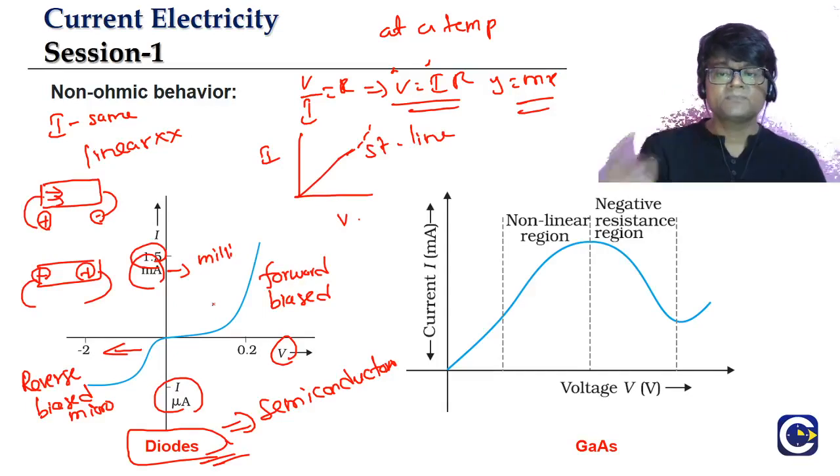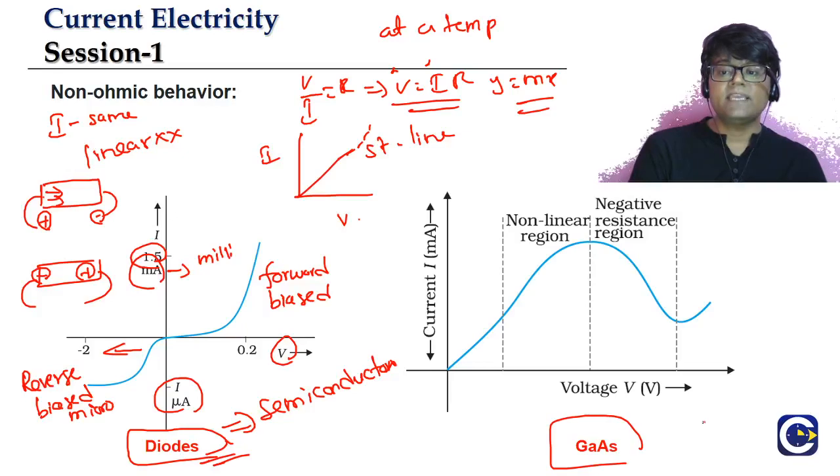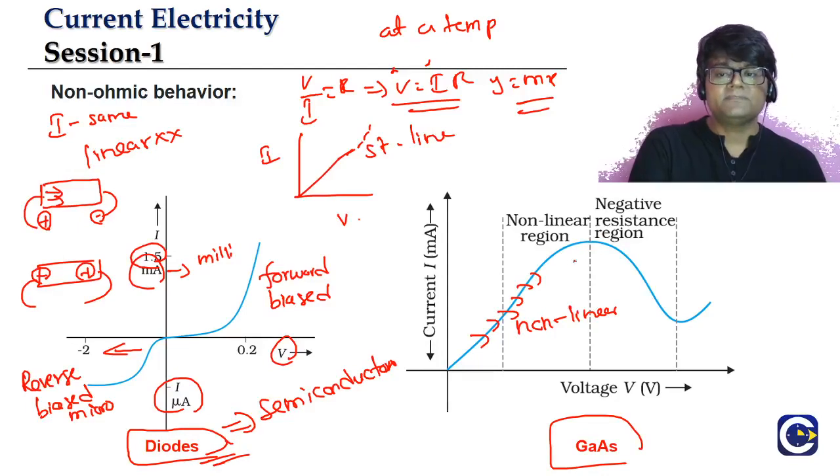Clear, guys? And even some substances like gallium arsenide, what we see is there is going to be a complete non-linear relation. For some time the current will be increasing with increasing voltage, almost like a straight line, and then we'll see saturation, and then we'll see even regions where there is a negative slope. If you look at further increase of voltage, what is happening?